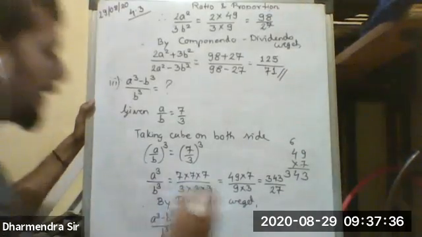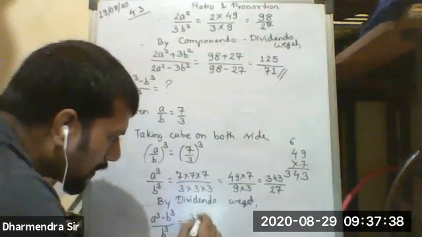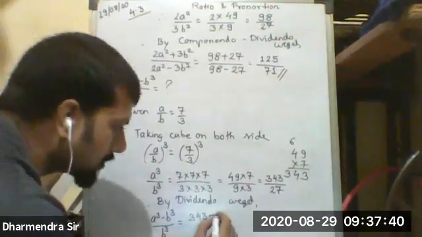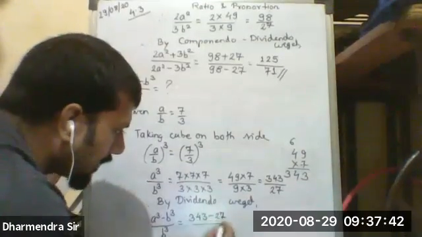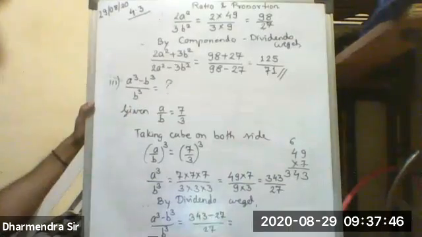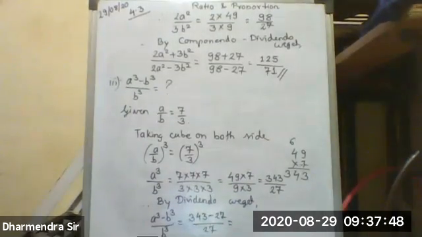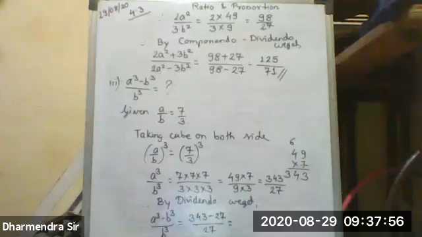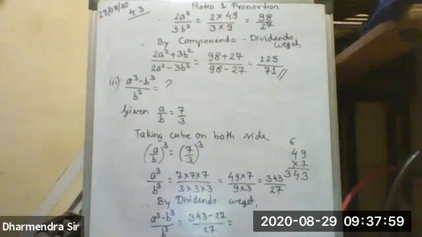a³ is 343 minus b³ is 27, divided by 27. So when we subtract 27 from 343, what will be the answer? You can check it by yourself.